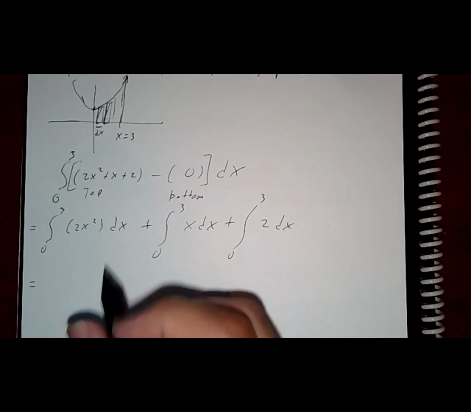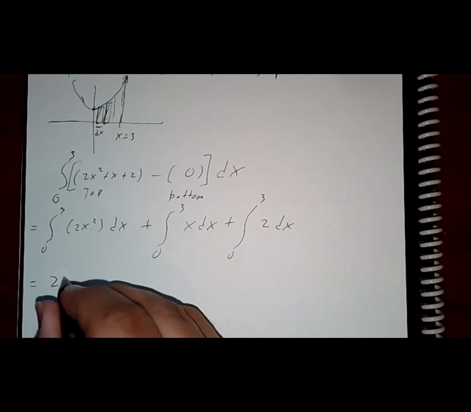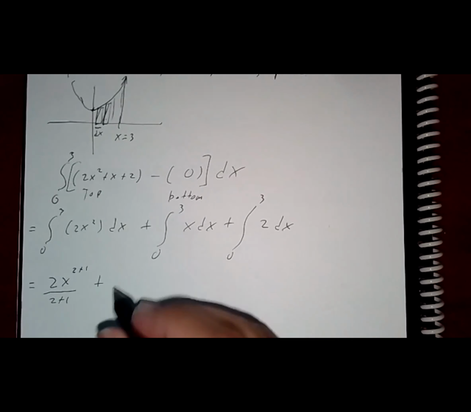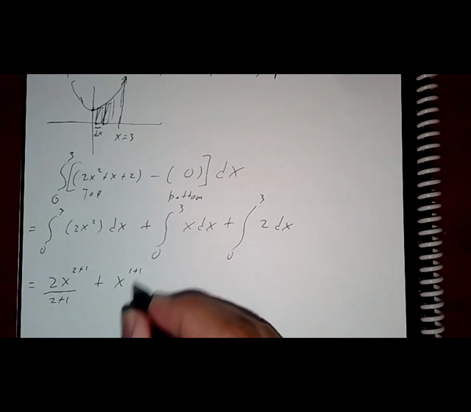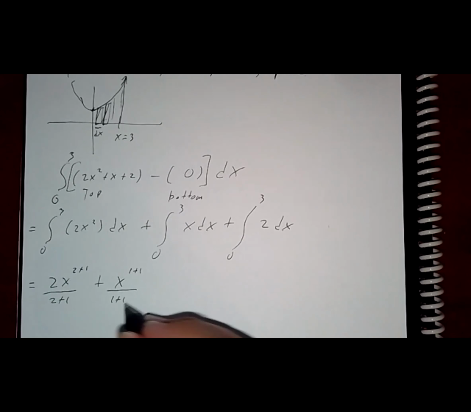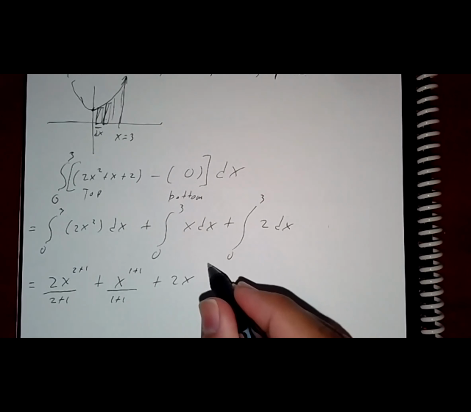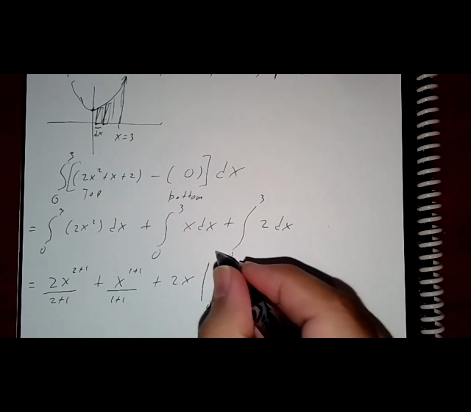So integrate 2x squared, using the power rule we get 2x to the 2 plus 1 over 2 plus 1, plus x to the 1 plus 1 over 1 plus 1, plus 2x, from 0 to 3.